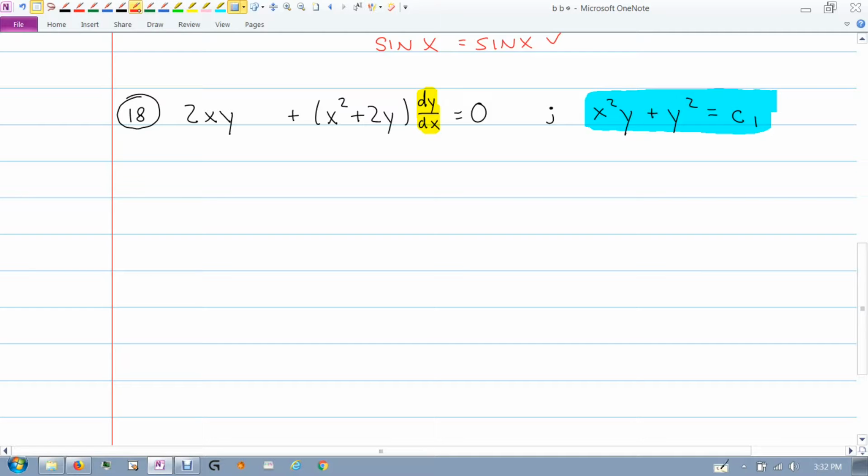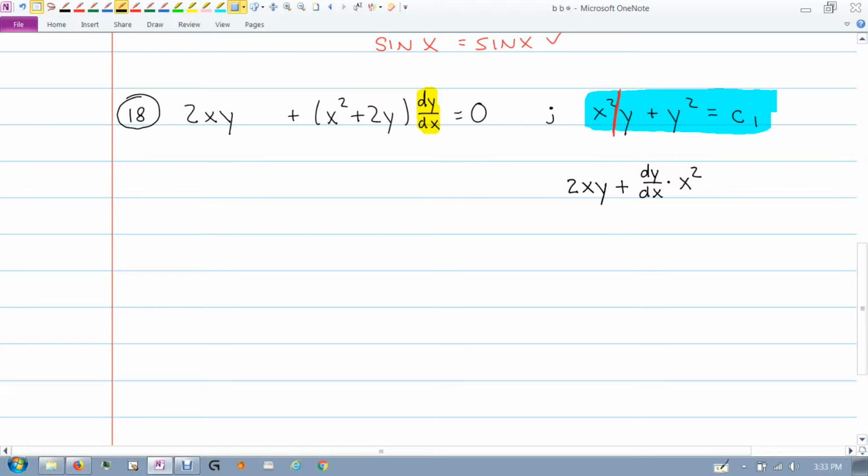Keep in mind when we do this, we have a product rule between those two. We get the derivative of x squared, which is 2x, times y, plus, this is product rule here, the derivative of the y, which is your dy dx, times the x squared.